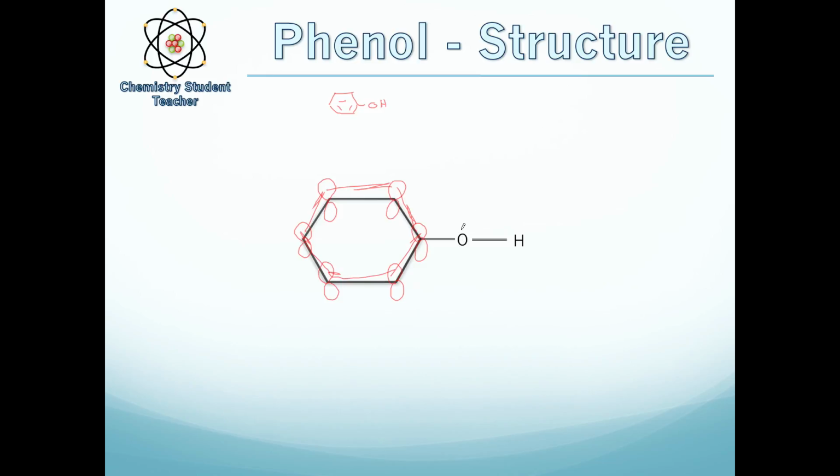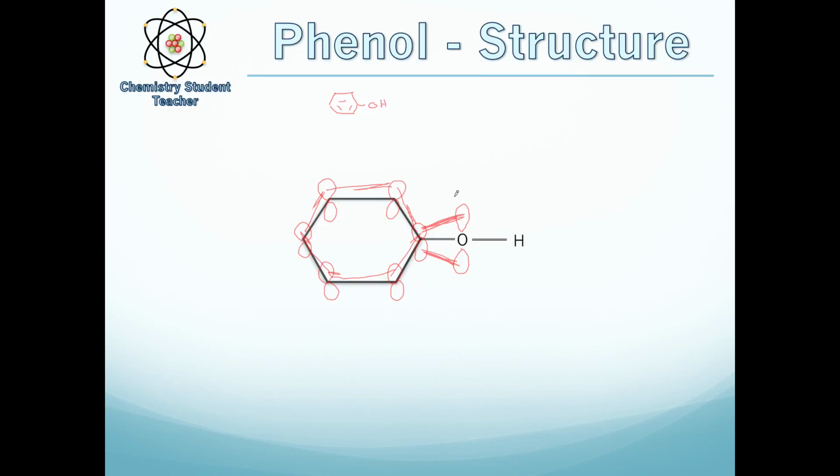But what actually happens in phenol is, because you have a p orbital on oxygen as well, that can actually overlap into the ring of delocalized electrons as well, partially delocalizing. So not fully, not like these ones, not all the electron density is shared, it's only partially delocalized, so it increases electron density a little bit. And that's the structure of phenol. That's how it differs from benzene.